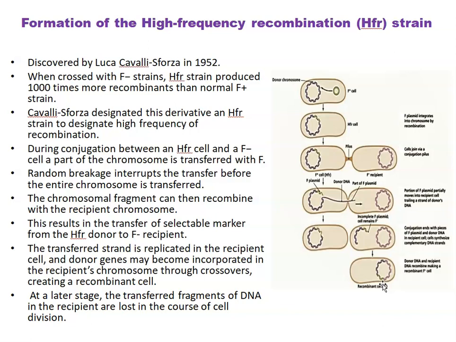The transferred strand is replicated in the recipient cell and the donor genes may become incorporated in the recipient chromosome through crossover, right? At a later stage, transferred fragments of DNA in the recipient are lost in the course of cell division. So in this process, the recipient cell remains a recipient and will not be transformed into a donor cell, right?